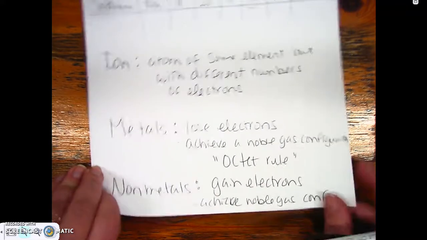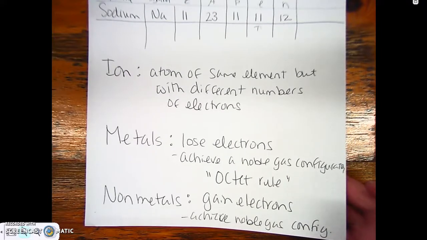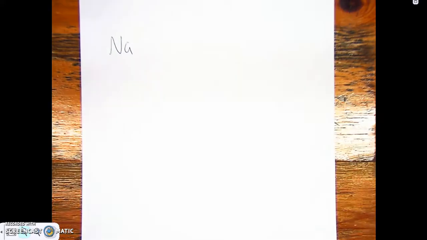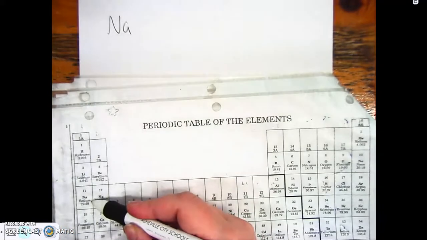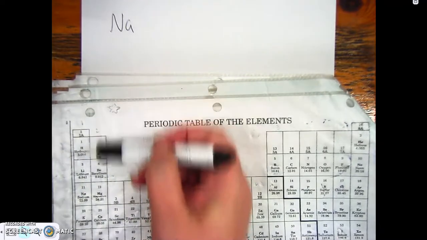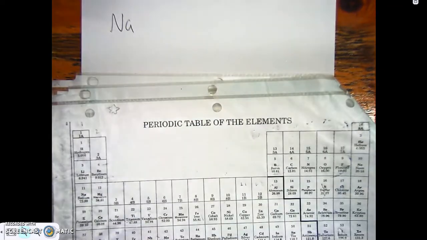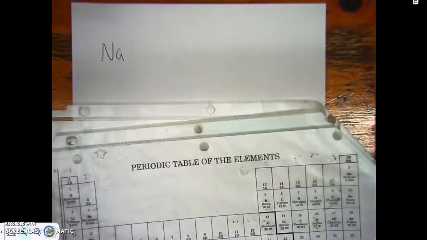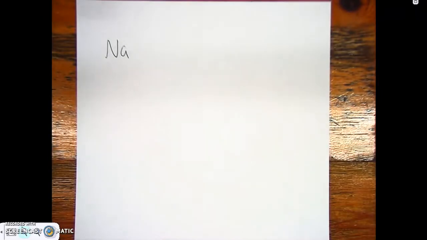Let's use the examples of sodium and chlorine, starting with sodium. If we look on our periodic table, sodium is right here. Like I said, it's number 11, in our very first column, and so sodium has 11 electrons. Let me draw a Bohr model of it.